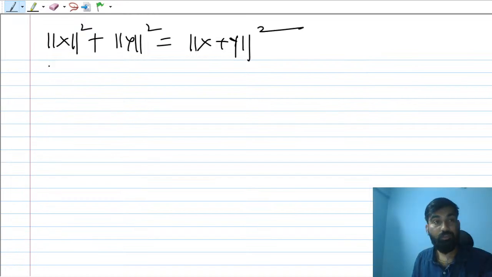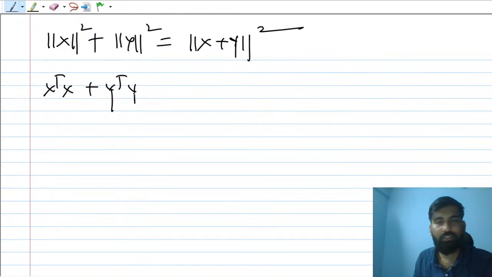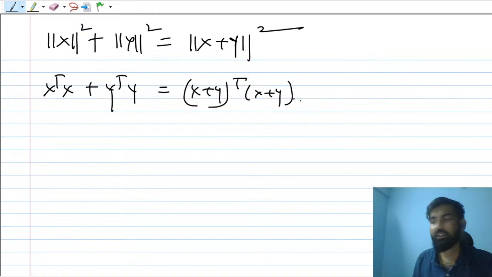Now we can write this as x transpose x plus y transpose y, and the right side can be written as x plus y transpose times x plus y.